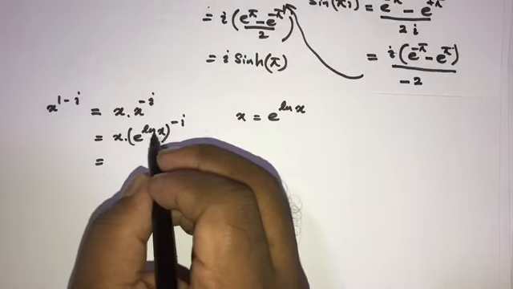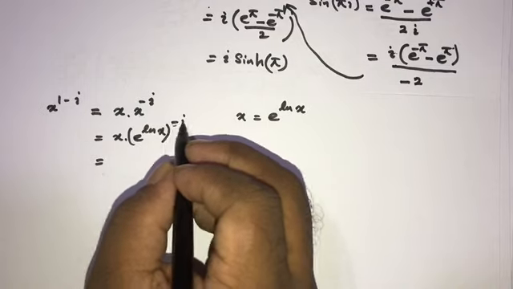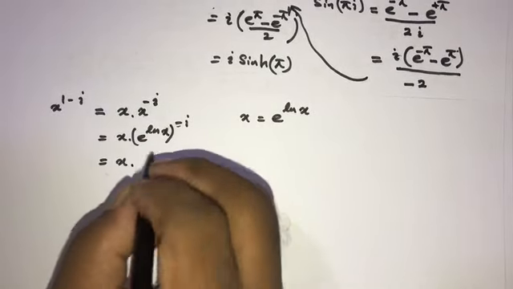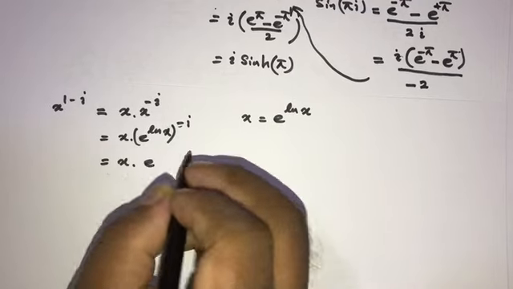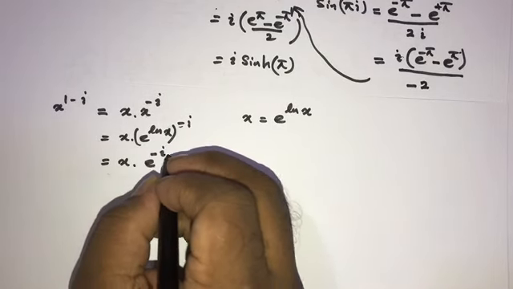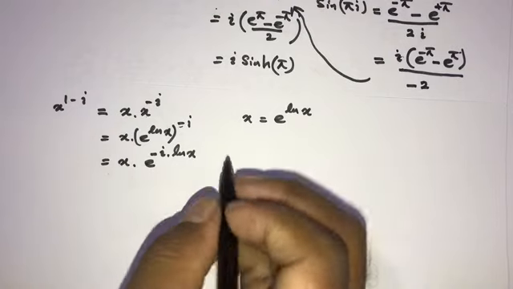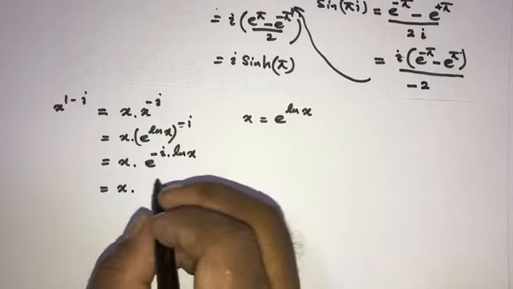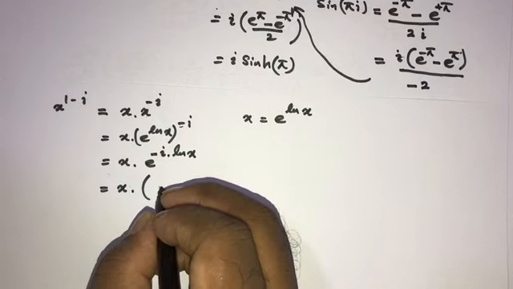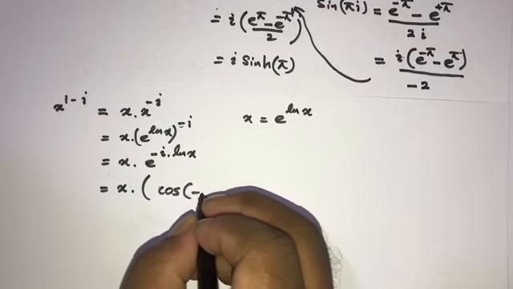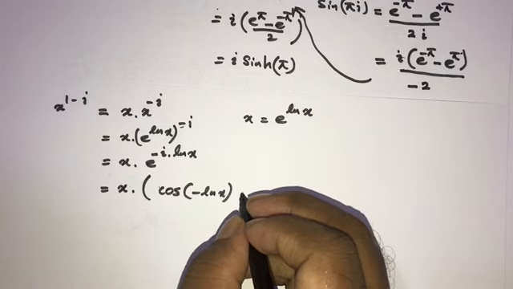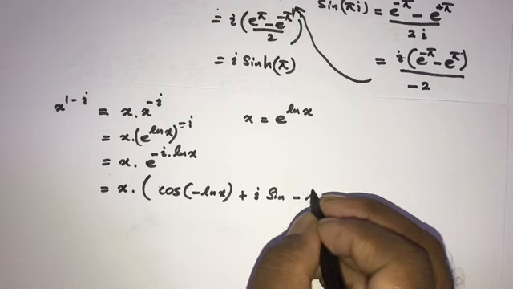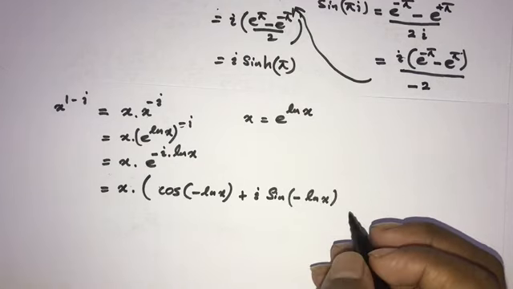Now natural log of x and minus i are powers, so we can multiply, so x times e to the minus i times natural log of x, so x times cosine of natural log of x plus i times sine of minus natural log of x.